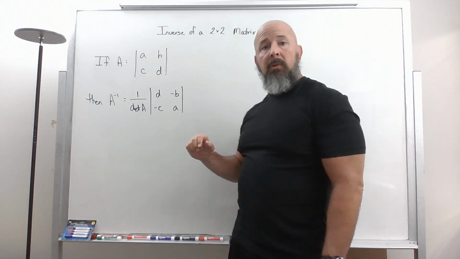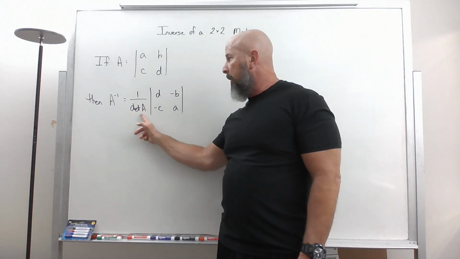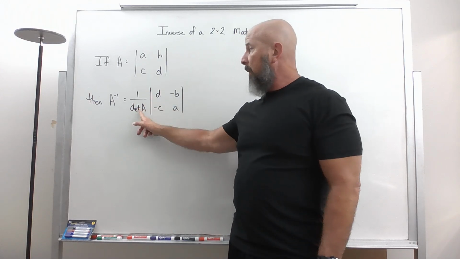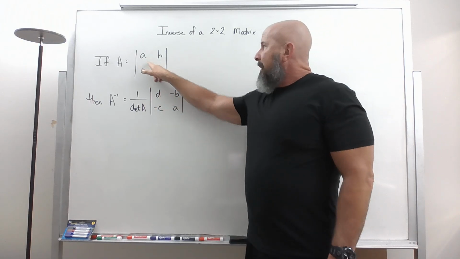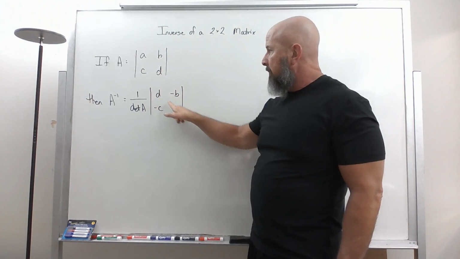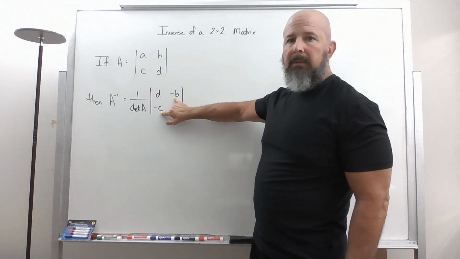We had that Cramer's rule of the 2x2, so we had to do a determinant of the 2x2. I need it for this formula. Well, 1 divided by whatever that value is. And then the A and D switch places. And the B and C switch signs.